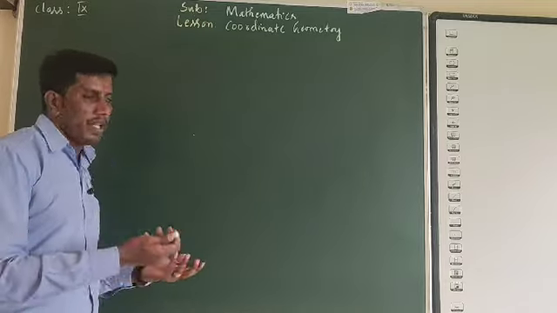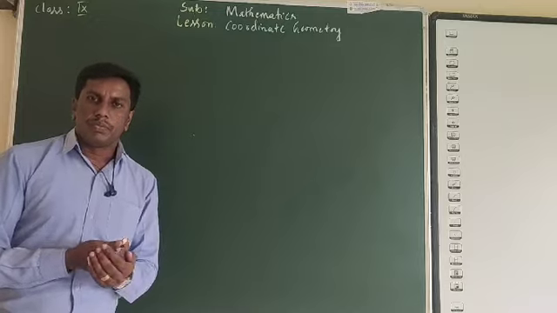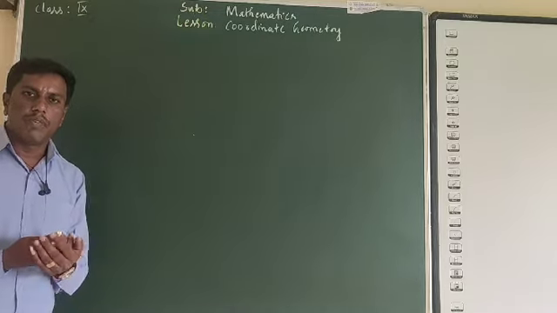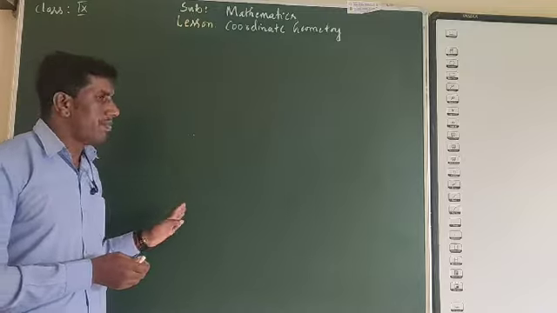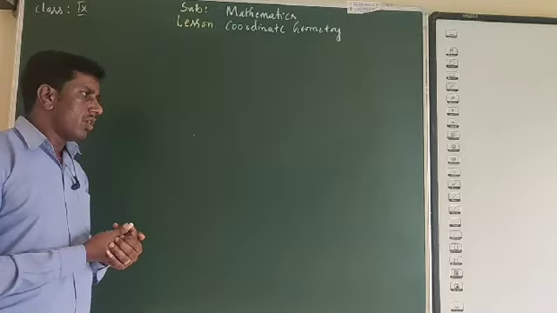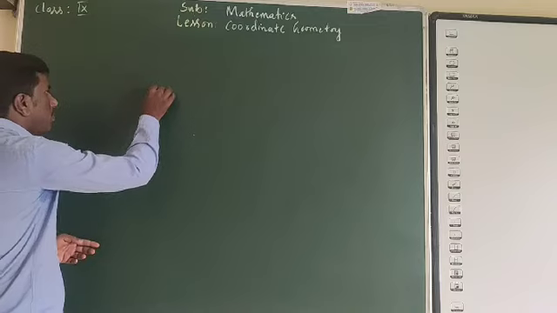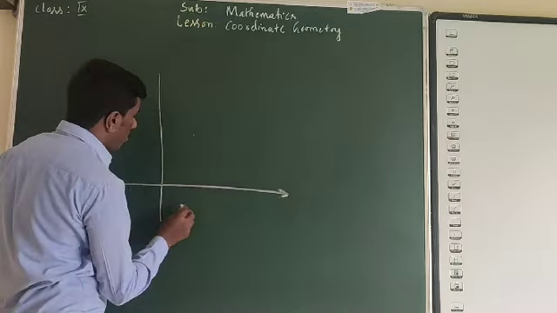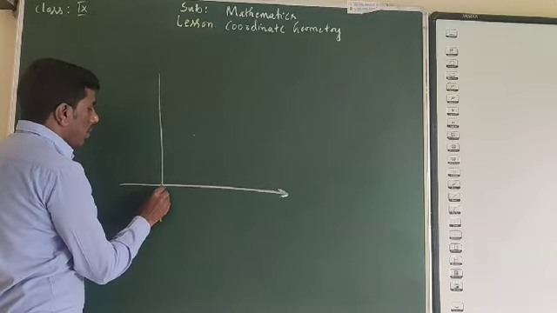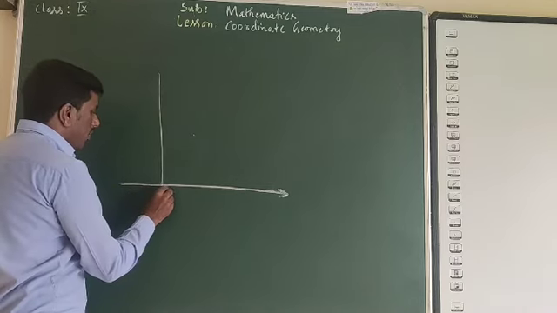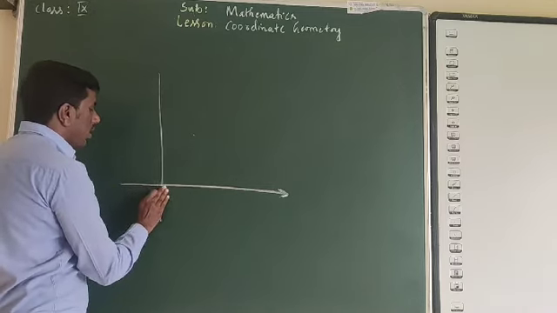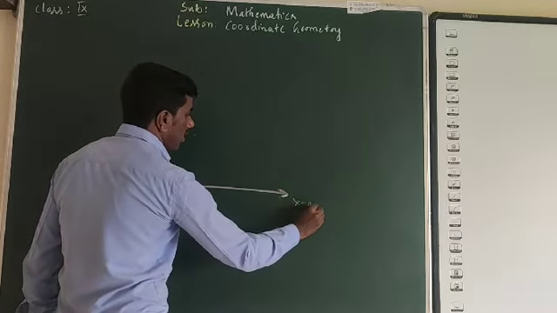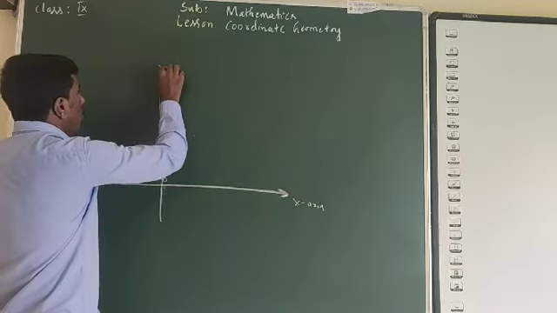To describe a point, we need the vertical line as well as the horizontal line. Both intersect at some point, and the intersecting point is called the origin. This is the x-axis and this is the y-axis.